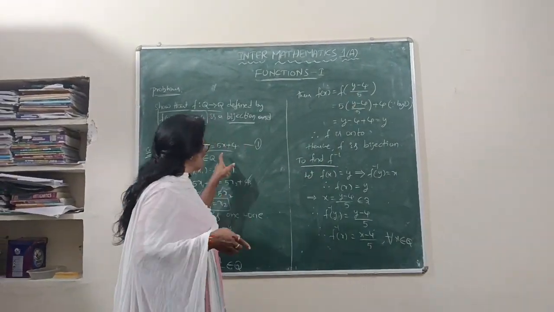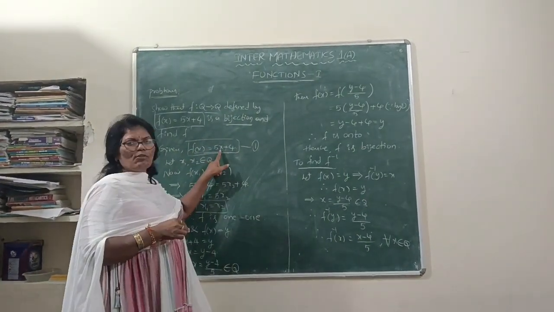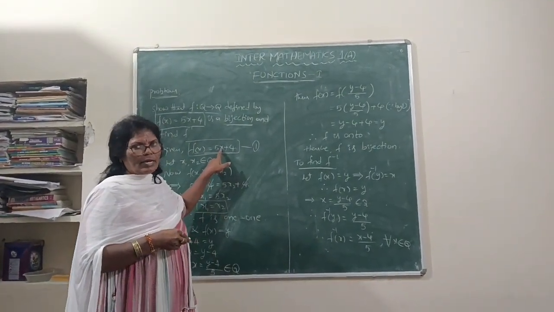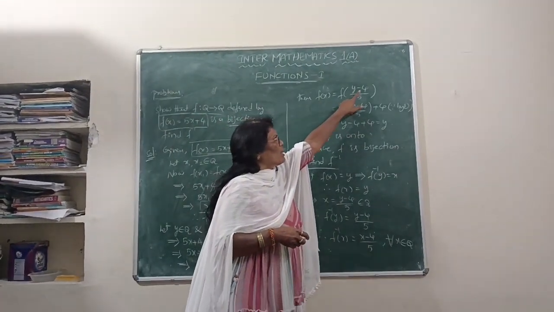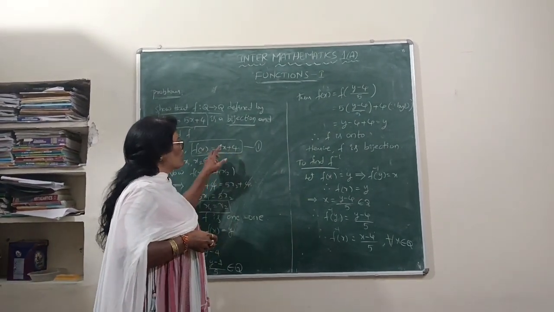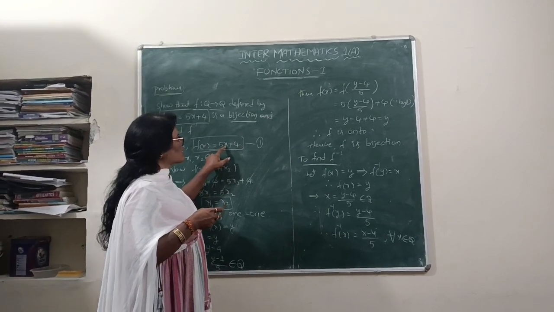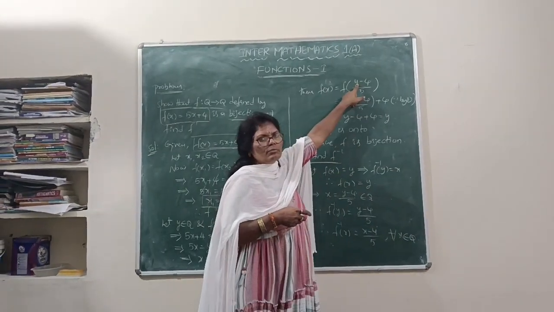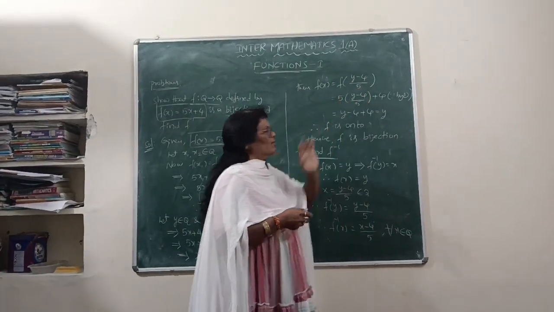By the defining function, from equation 1, f of x is equal to 5x plus 4. So substitute this value, y minus 4 by 5, instead of x.